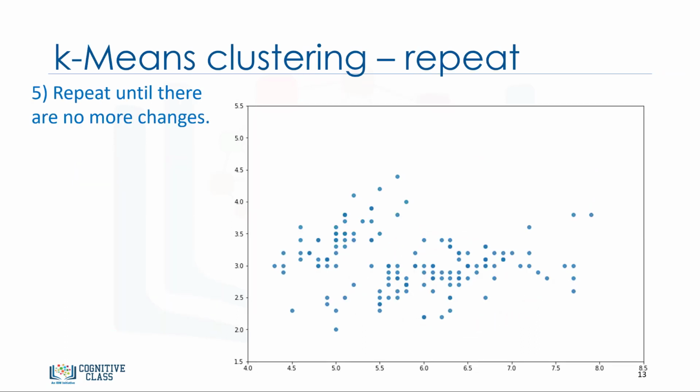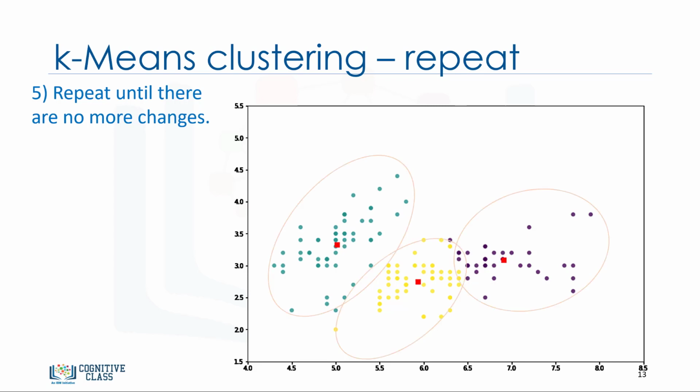Yes, k-means is an iterative algorithm, and we have to repeat steps 2 to 4 until the algorithm converges. In each iteration, it will move the centroids, calculate the distances from new centroids, and assign data points to the nearest centroid. It results in the clusters with minimum error or the most dense clusters.